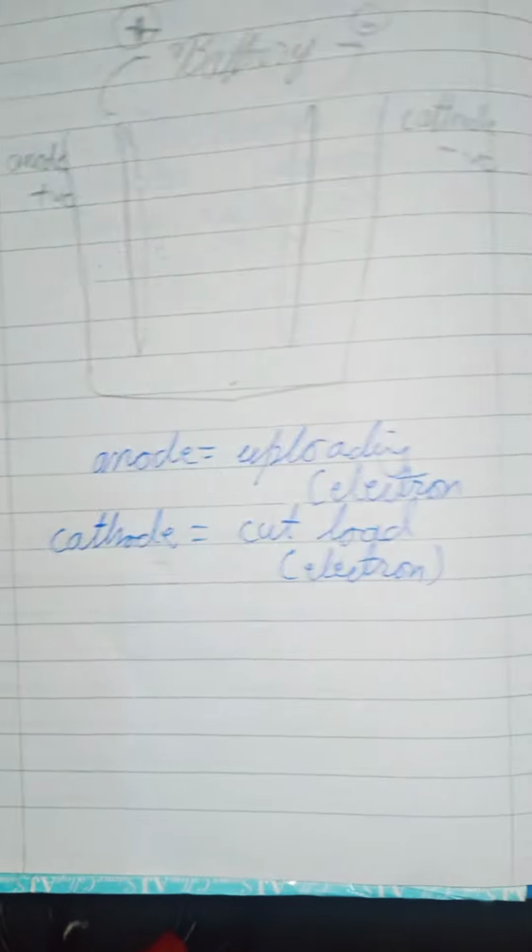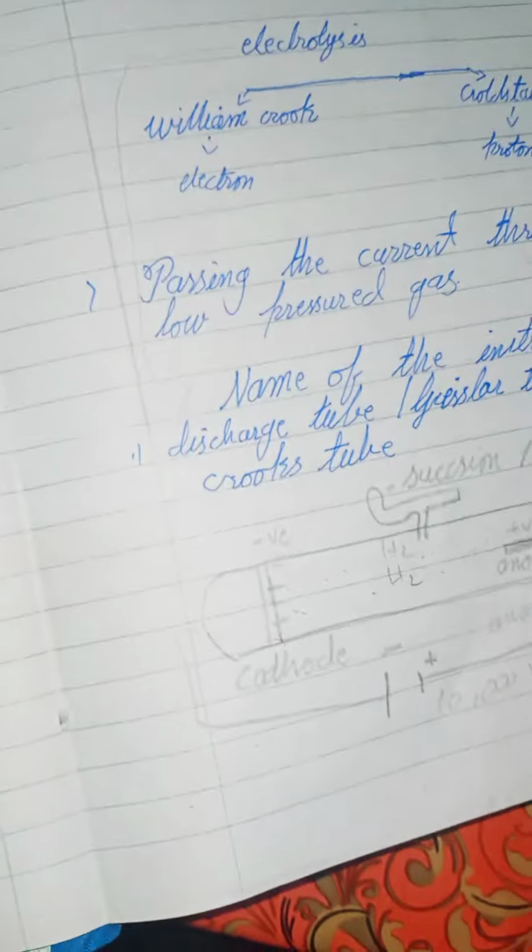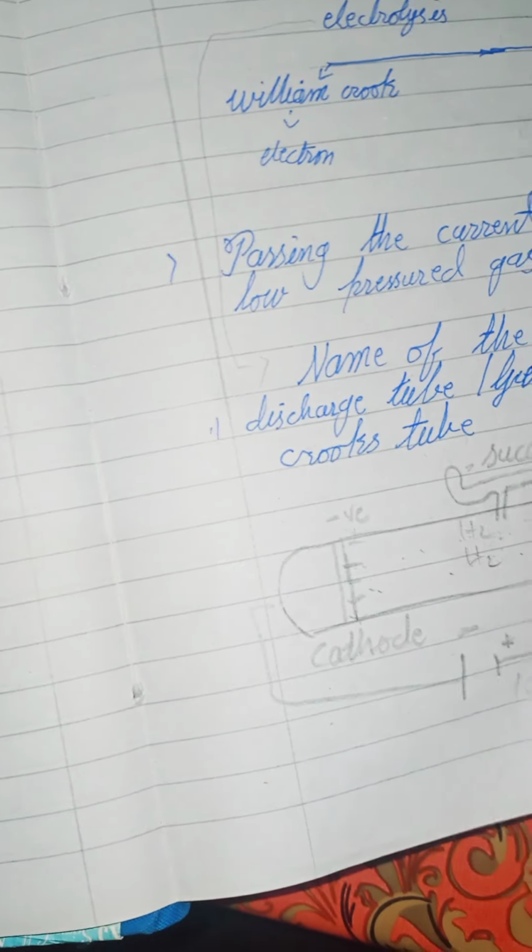After that, I am forgetting the name of the scientist who gave the name electron. So now it has been proven that the electron is discovered.